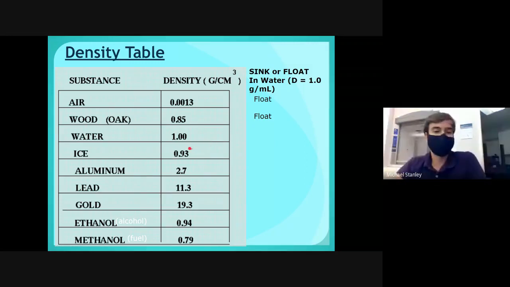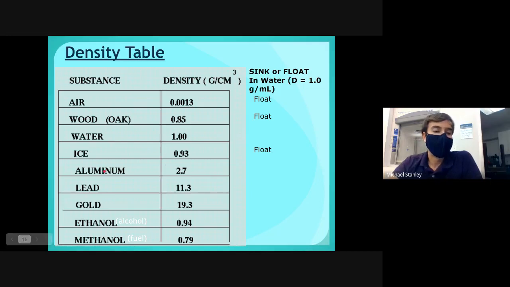Yeah, float. Exactly. Like I was saying a little bit ago, ice is a teeny bit less dense than water. Ice, according to this chart, is 0.07 less dense than water. But again, that's still enough of a difference so that ice will float on the top of any water that it is put in.